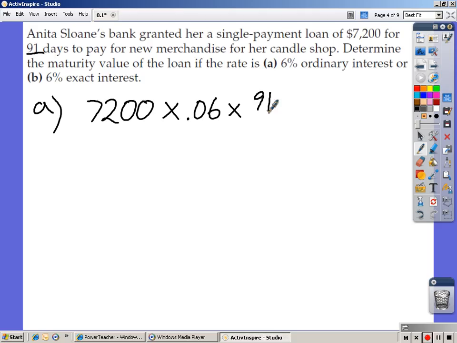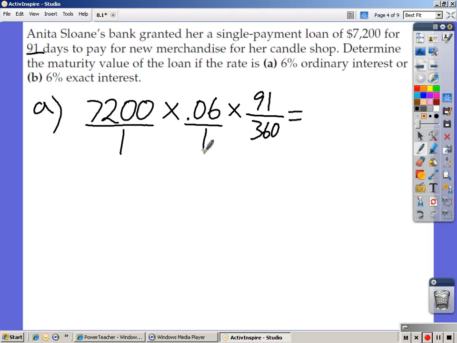So 91 over 360. Now, when you multiply a problem like this, you always take top times the top, bottom times the bottom. So, we're going to put understood ones under the 7200 and the 0.06. Go ahead and multiply on your calculator: 7200 times 0.06 times 91.